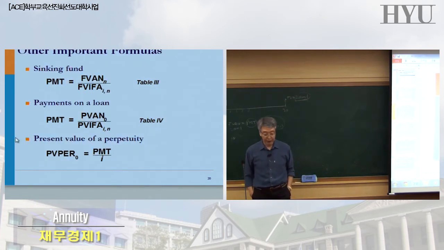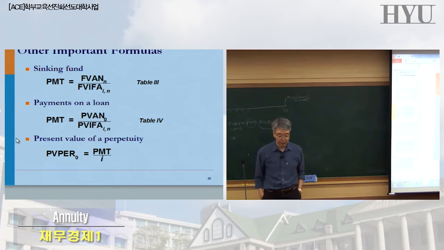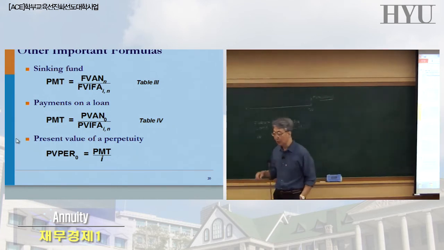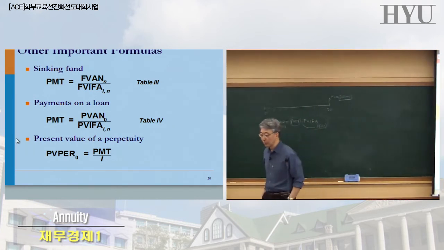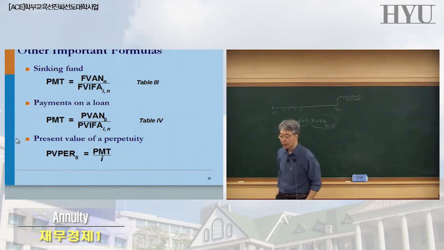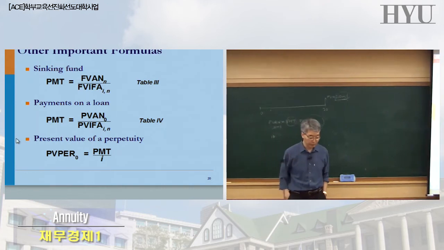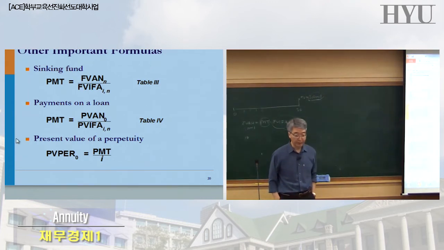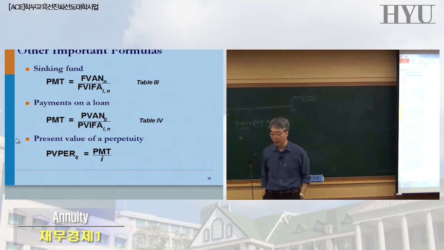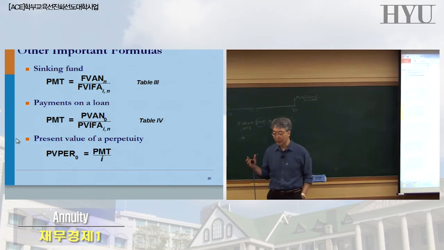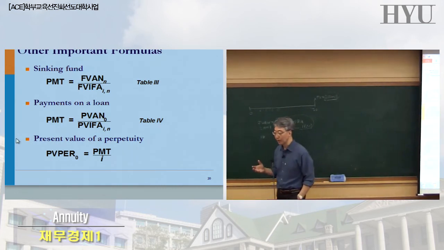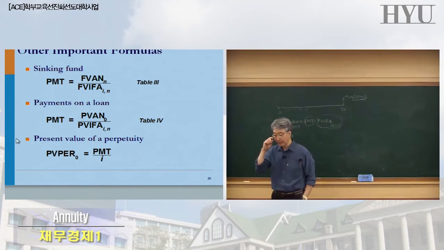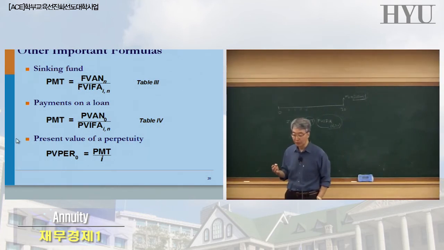The opposite case is payments on a loan. Suppose you are borrowing money to buy a car or buy a house, whatever, today. So in this case, you know the present value, and you know the future value as well. Let's say you're buying a $30,000 car today, and you're trying to obtain a 4-year loan, 48 months, monthly loan.